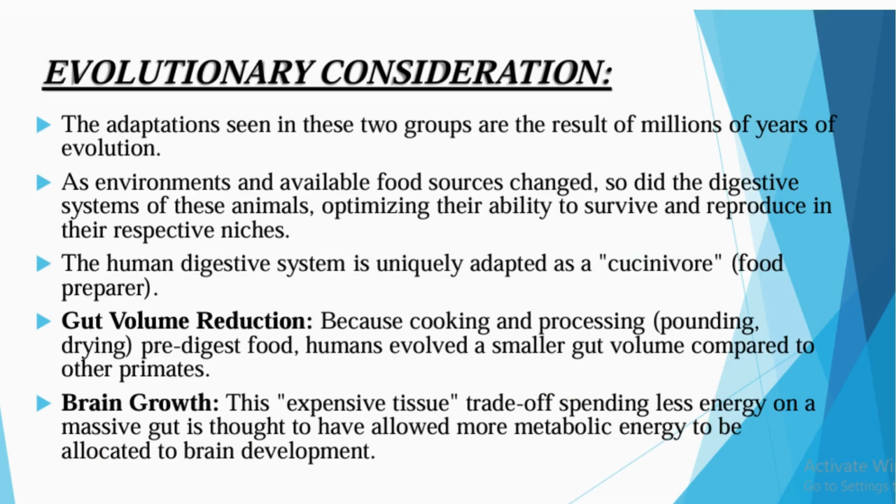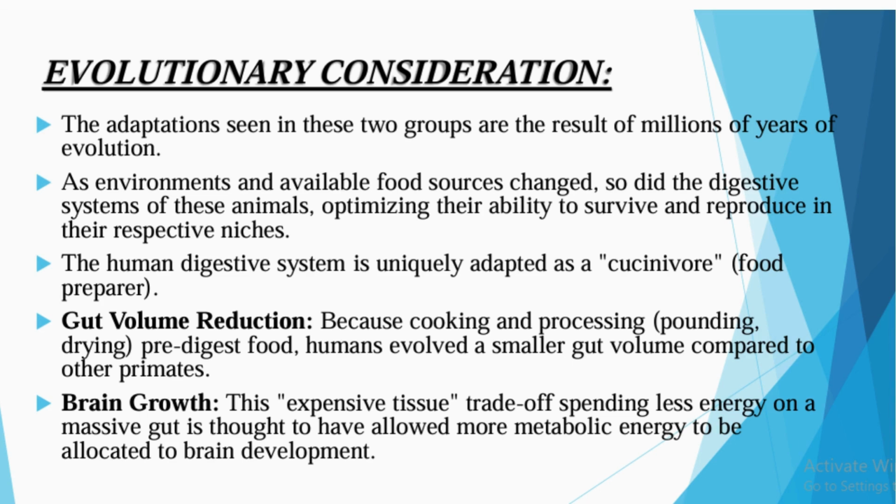As an evolutionary consideration, the adaptations seen in these two groups are the result of millions of years of evolution. As environments and available food sources changed, so did the digestive systems of these animals, optimizing their ability to survive and reproduce in their respective niches. The human digestive system is uniquely adapted as a cuisinivore, for example, food prepared, and they have two parts.